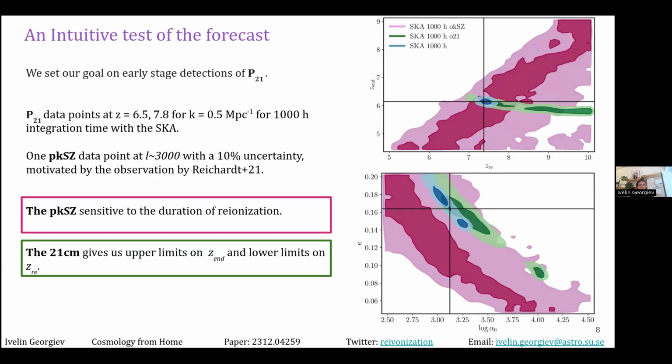For this example, we assume that after 1,000 hours of integration time, we produce two observations of the 21 centimeter power spectrum at a redshift of 6.5 and 7.8 at this given k scale. This was motivated by some of the MWA upper limits, and only one data point of the pkSZ at l=3000 with 10% uncertainty.